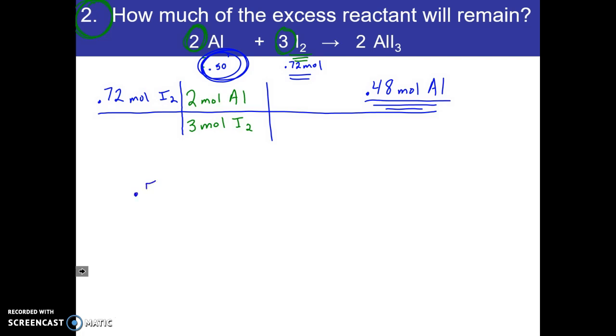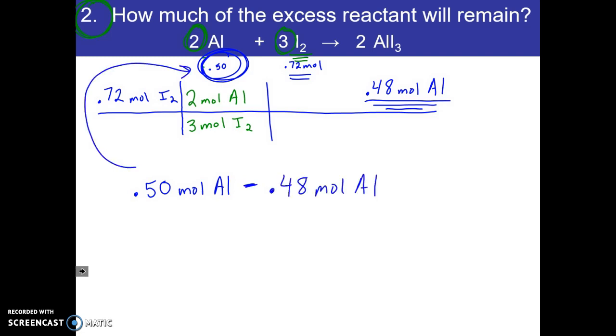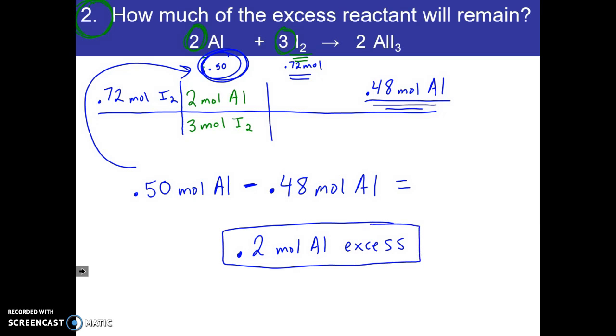So I'm going to take that original 0.50 moles of aluminum, what I started with, and subtract how much is actually reacting, 0.48 moles of aluminum. Do a quick subtraction. 0.02 moles of aluminum is in excess. And that is how you do it.